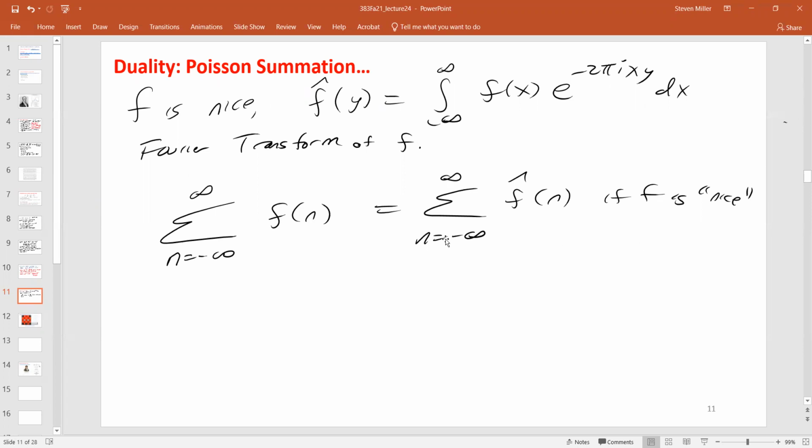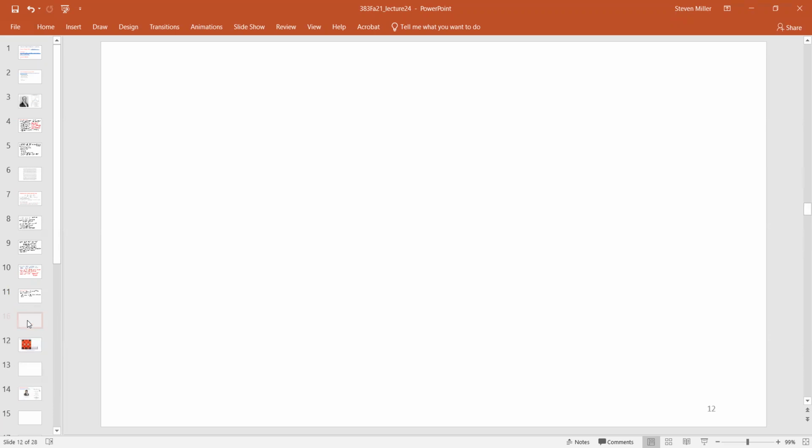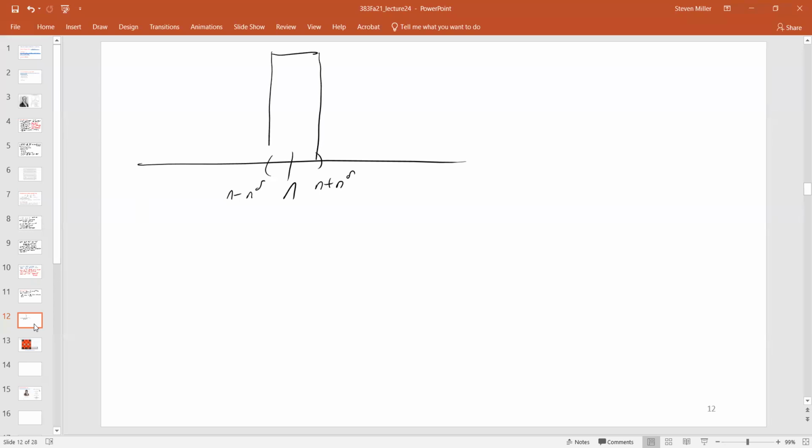So again, I am always happy to do counterexamples. So let me see if I can get one on the fly. Okay, so consider the following. Here's n. Here is n plus n to the delta. Here's n minus n to the delta. And I'm going to define my function to be of height n to the sigma.